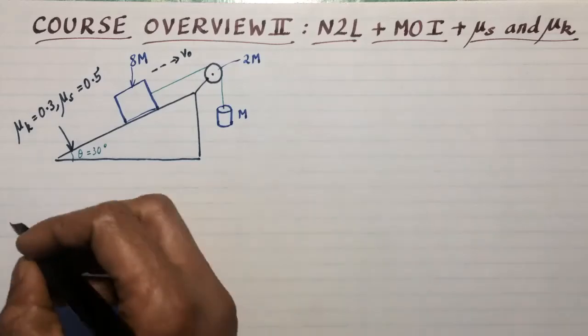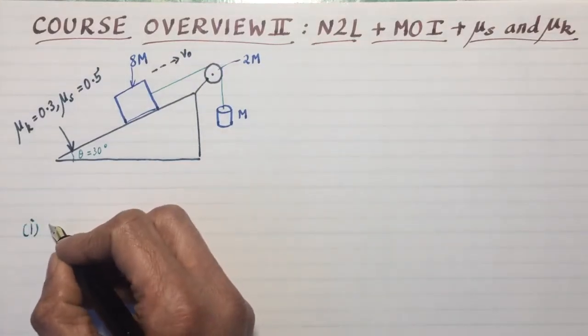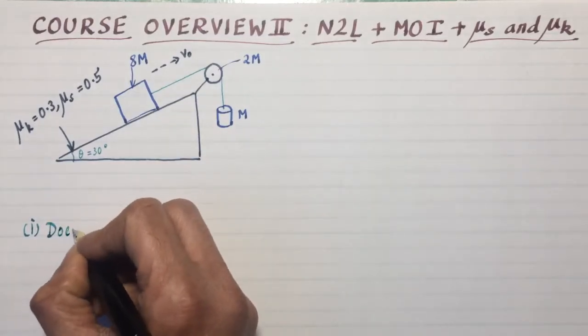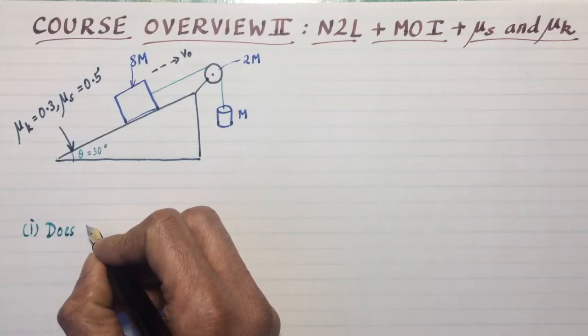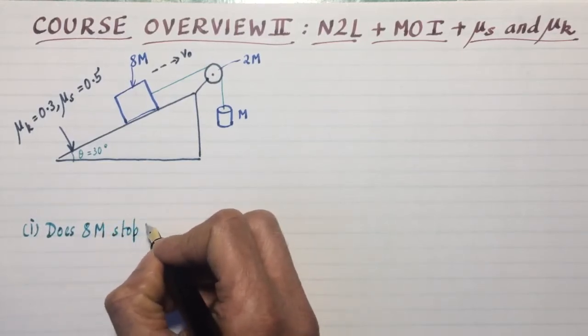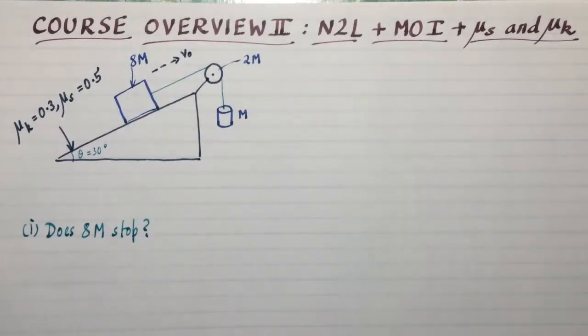We're going to first address if the system is going to stop. Does 8m stop? Because remember, it's said to be moving initially in the upward direction. So does it stop?